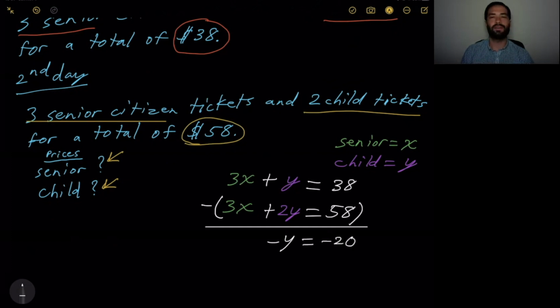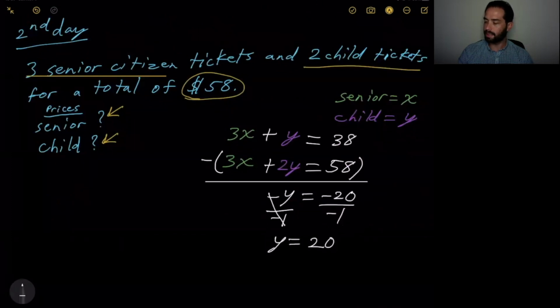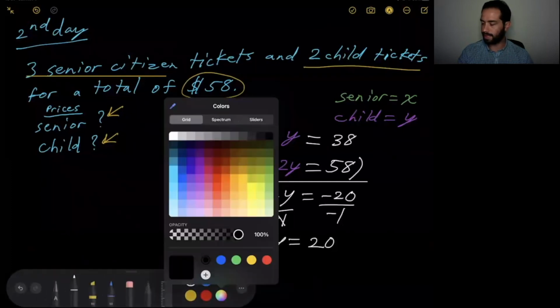So if I have negative y equals negative 20, I know that y will equal positive 20. And that's because I'm dividing by negative 1 on both sides. y equals positive 20. And you know what? We are going to put that into our purple.